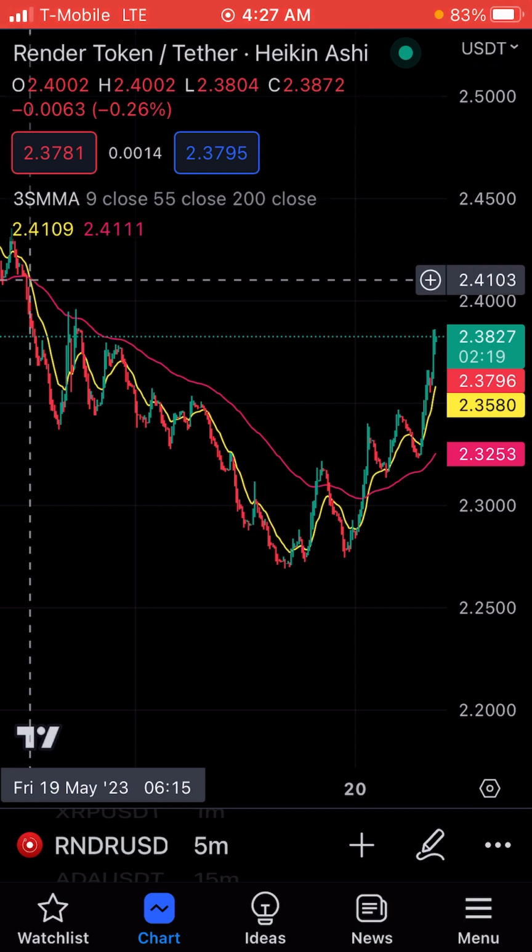So, for example, like here, you can see on Render right here when it crossed down. This would have been a short right here.